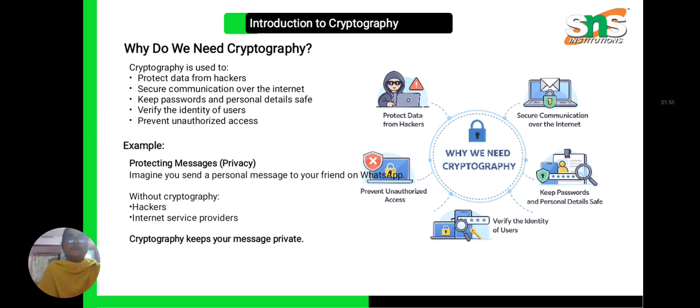We use cryptography to protect messages, that is, for privacy. Imagine a person sends a message to a friend on WhatsApp. Without cryptography, hackers or even internet service providers could read that message. Cryptography ensures privacy by making the message readable only to the sender and the receiver.